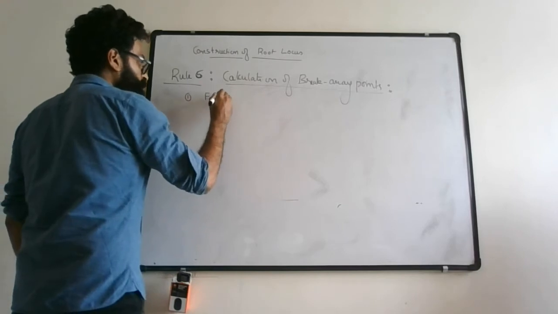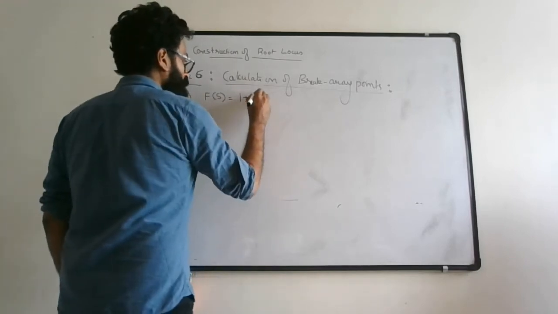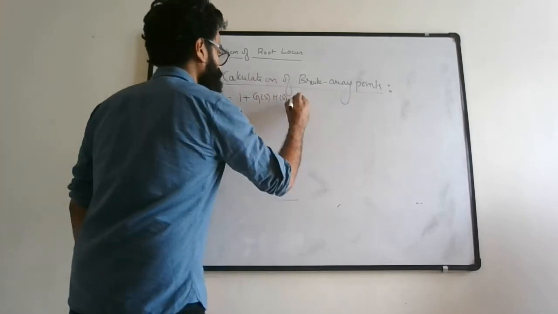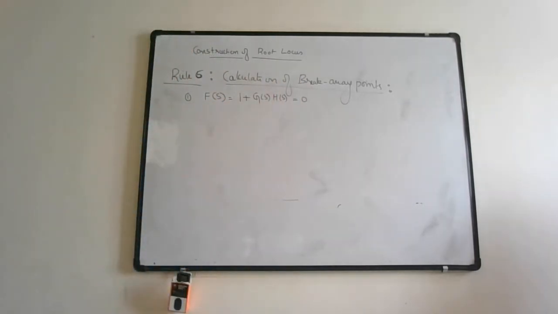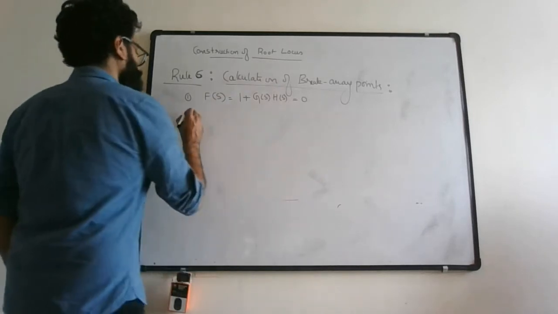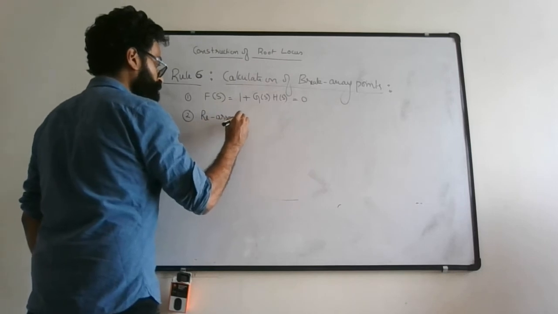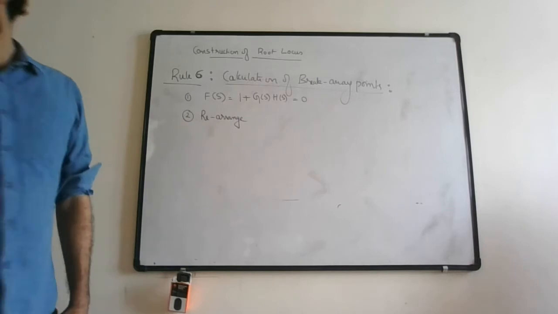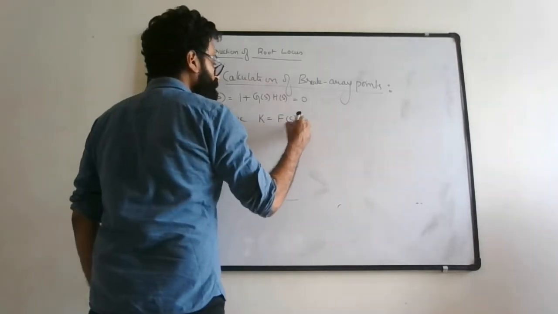First, you write down the characteristic equation, that is f of s equal to 1 plus g of s into h of s equal to 0. Once you write down the characteristic equation, in the second step, rearrange the equation in such a way that you get k equal to f of s.